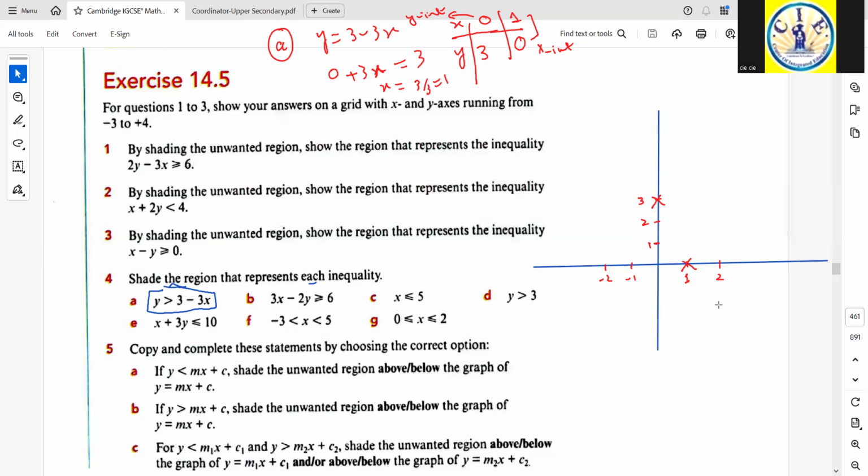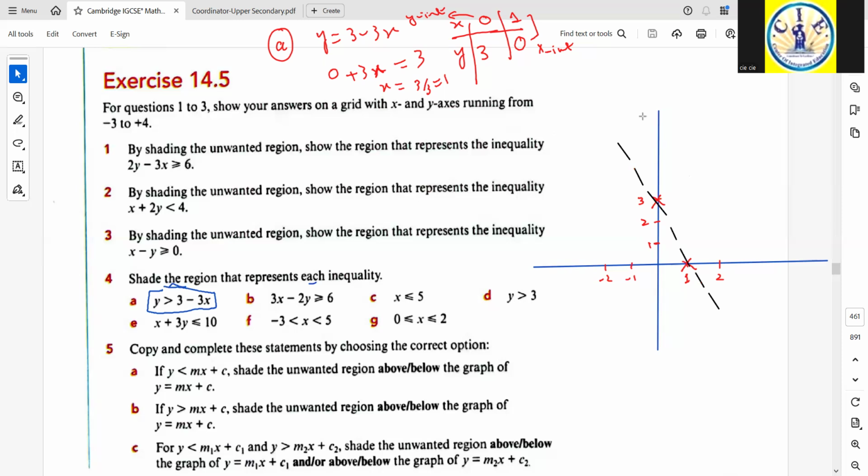So let me draw the broken line like this. Okay, let it be like that.